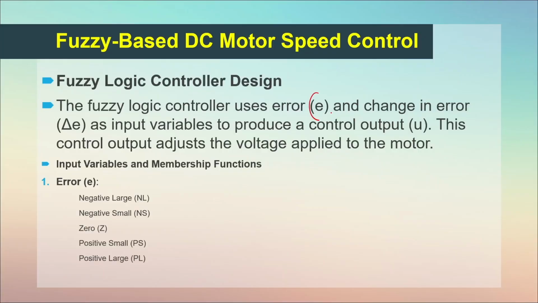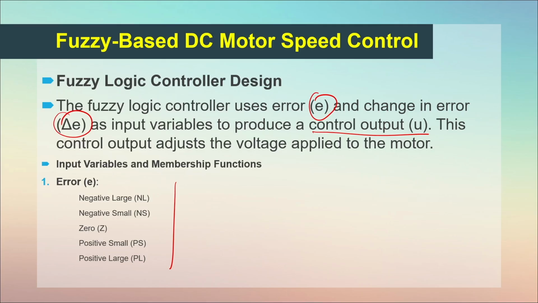So how has this fuzzy logic controller been designed? I have an error and I have a change in error. These two are input variables and I need the control output. The error is like this: negative large, negative small, zero, positive small, positive large.